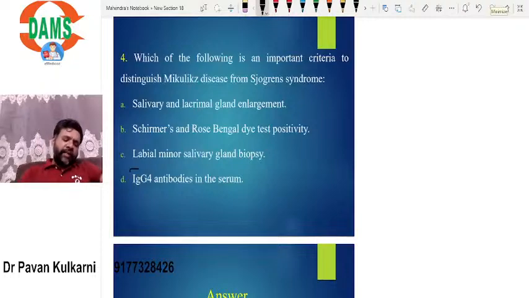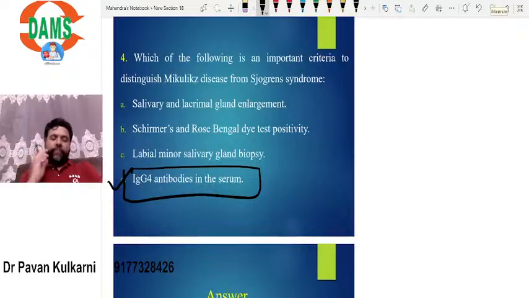IgG4 antibodies in the serum. This is the correct answer. 3 options are seen in both, and 1 option is seen only in Mikulicz, that is nothing but your IgG4 antibodies.